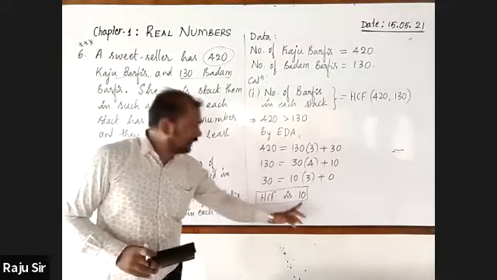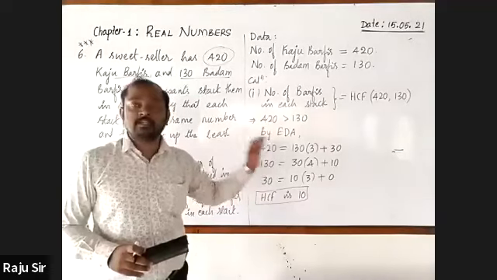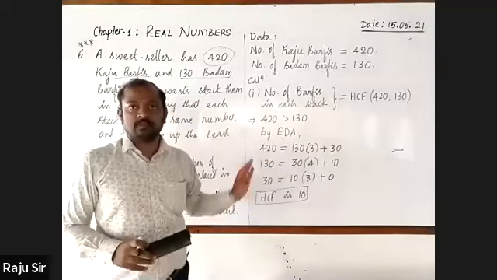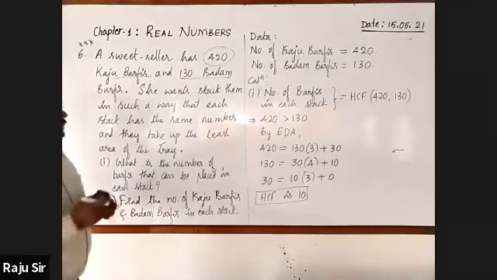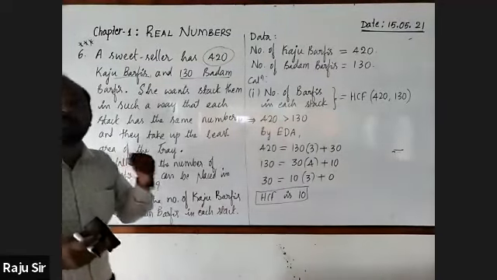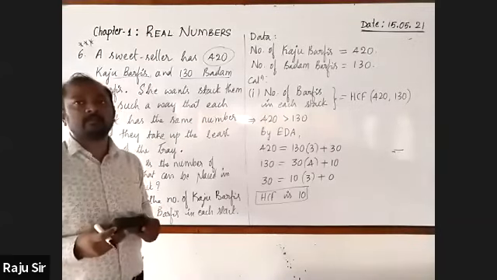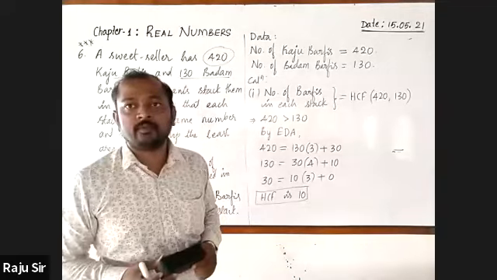You all know that 10 represents the number of burfees that can be placed in each arrangement, each box, each bag, each tray. Now, you are going to find out the number of kaju burfees. How many kaju burfees can be placed in each stack? How do you come to know? Multiplying, if you go from 420 by 10.